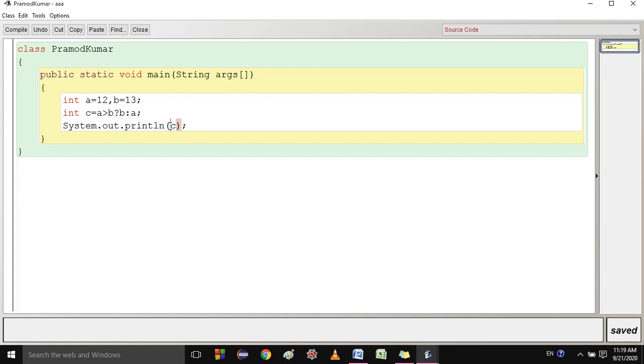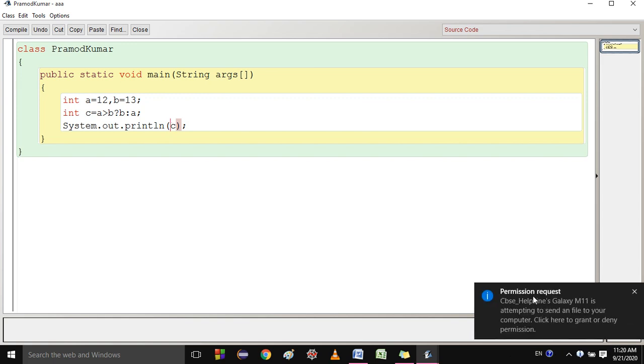One thing I also explained to you, students, in the conversion: if you are converting a small data type to a big data type, there is no need to write the type conversion operator.